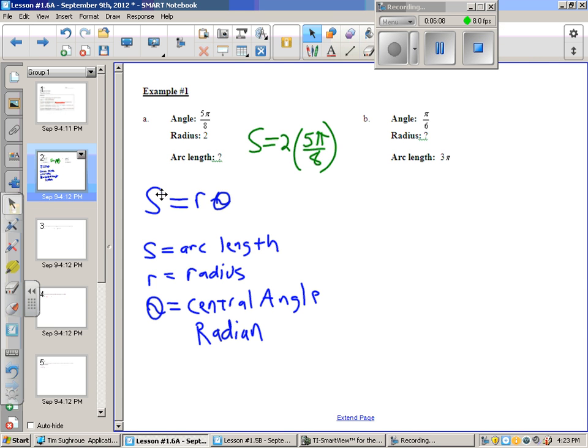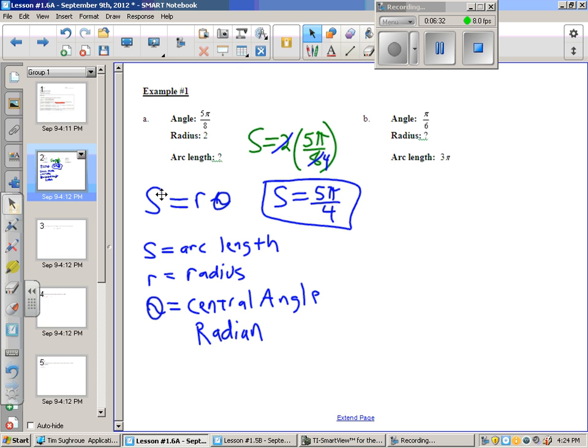And there's no degree symbol after it. So if we cancel, it is going to be 5 pi over 4. That's the arc length. Now, it is an actual length that we want to know. So if you'd like, you can certainly use your calculator, but you can leave your answer in terms of pi.